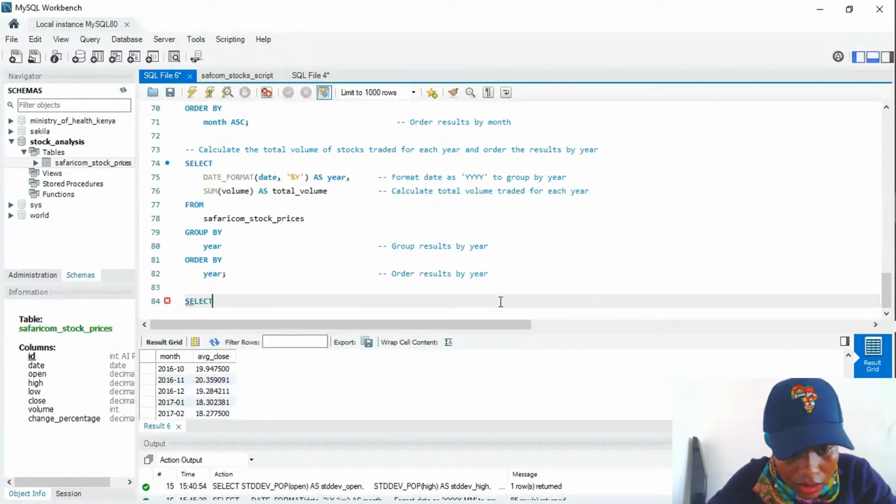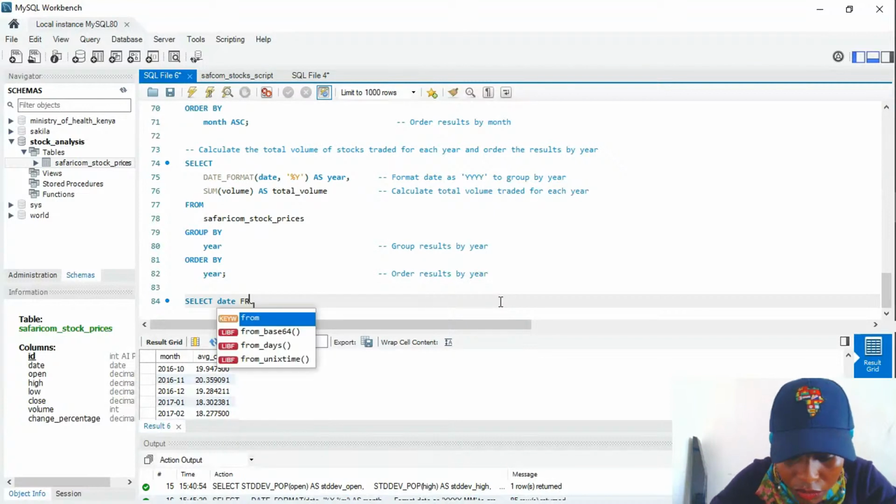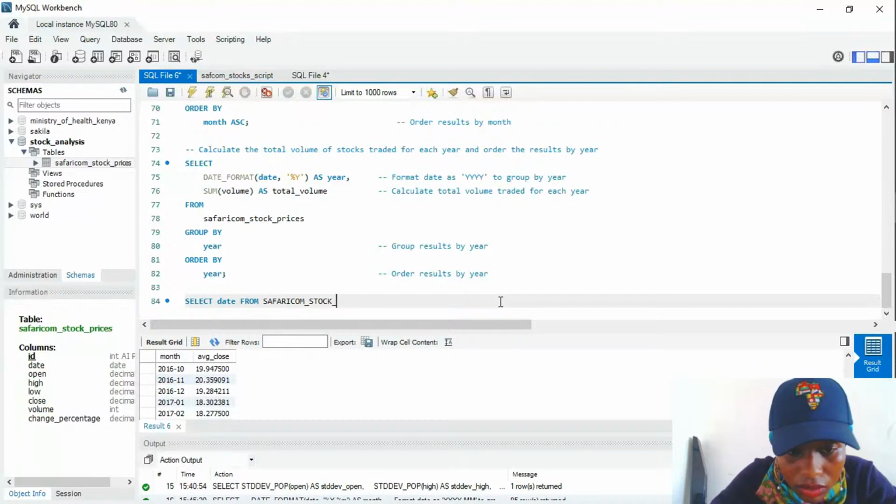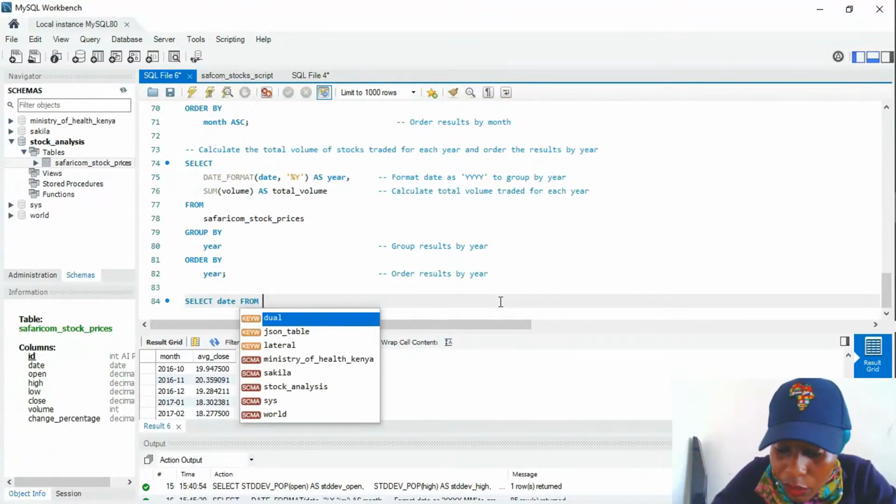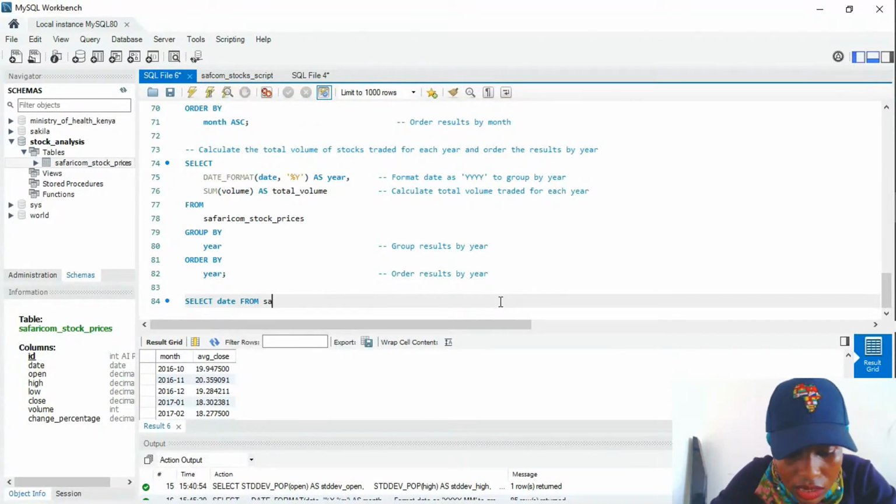Let me select. Our column is called date, from Safaricom stock. So this is for anyone else that might be having issues with the dates.